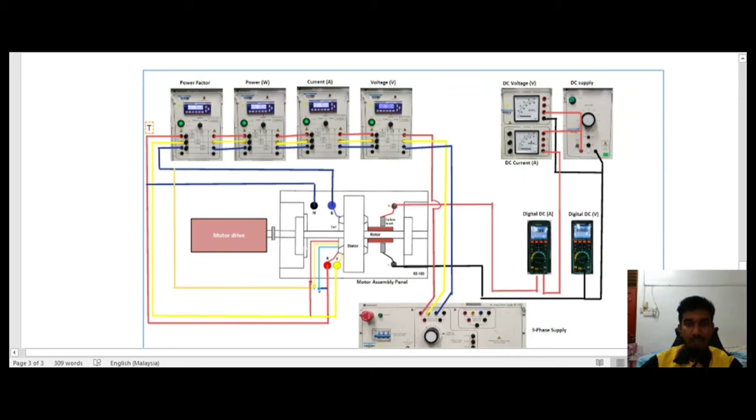Then we adjust the load torque from 0 to 0.8 Newton meter. Then we record the voltage, AC current, AC power, and power factor, as well as the DC current and DC voltage.